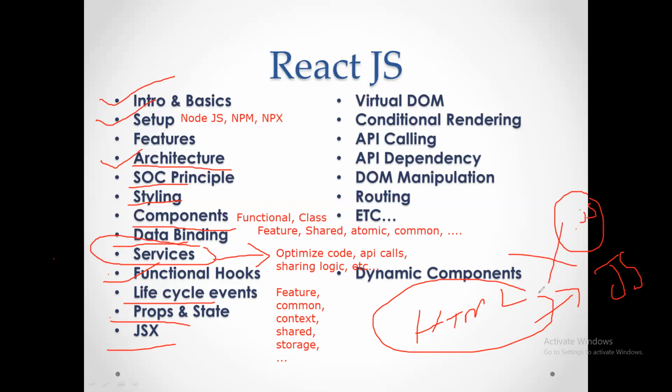Not at all possible. So the React team came up with an approach called JSX, JavaScript XML. By using JavaScript XML, they are trying to write HTML code inside of JavaScript. That is called JSX. In detail we'll see it.